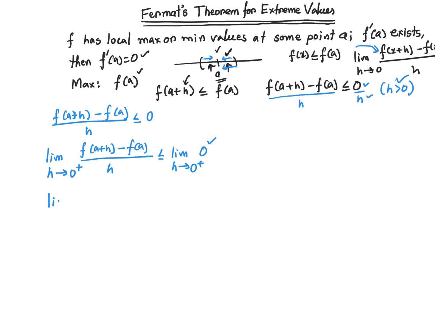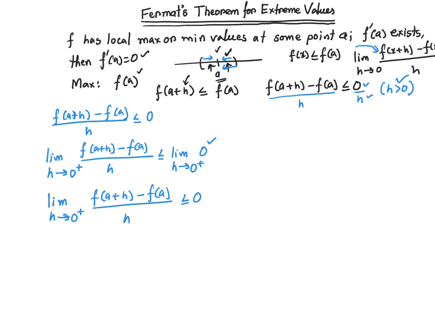So the limit as h approaches 0 from the positive side of f of A plus h minus f of A divided by h must be less than or equal to 0.